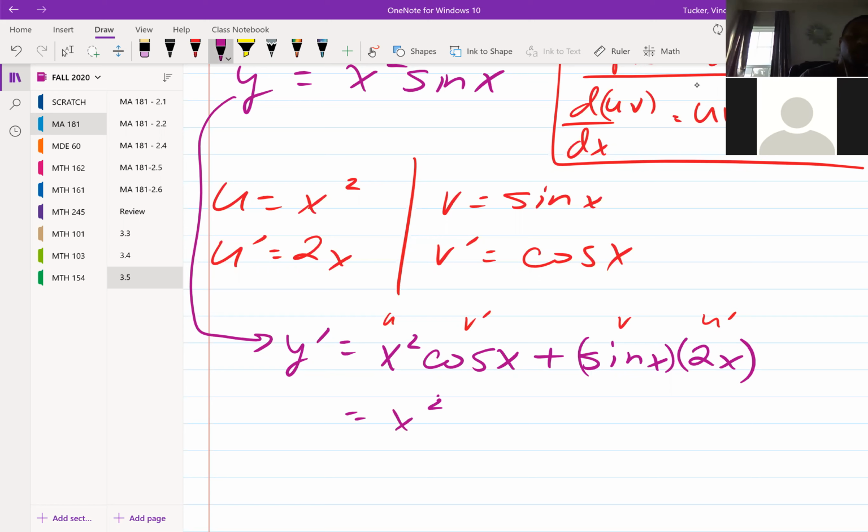All right, so finish it off: x squared cosine x plus 2x sine x.